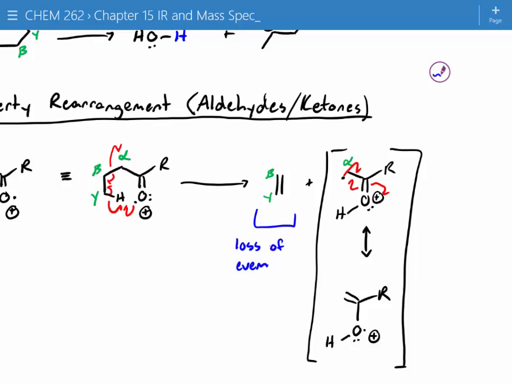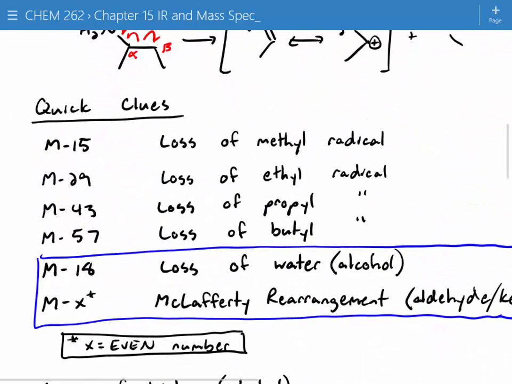And this is kind of unique because if we look at our chart, if we're losing some sort of alkyl chunk, it's normally coming off in an odd number. But with the McLafferty rearrangement, we're actually losing some even weight fragment. So this is kind of like doing detective work. It's not immediately clear when you first get your mass spec what's going on, but you have to break it apart using kind of the system that we've covered in lecture.